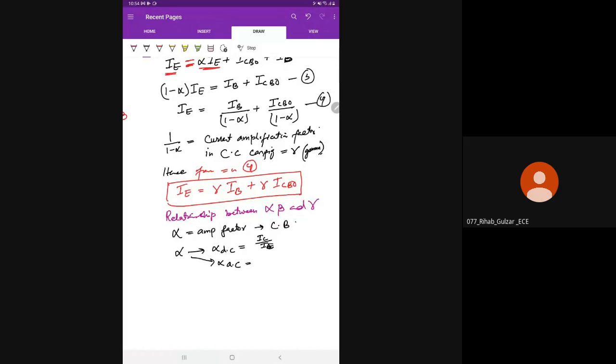Alpha AC will be the change in collector current, because the AC component is always changing.